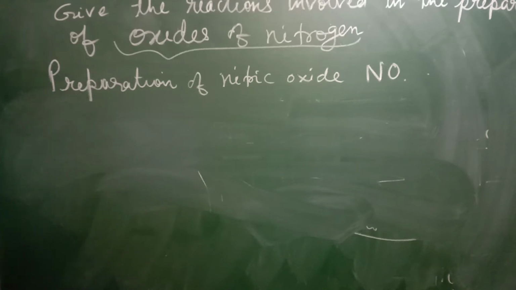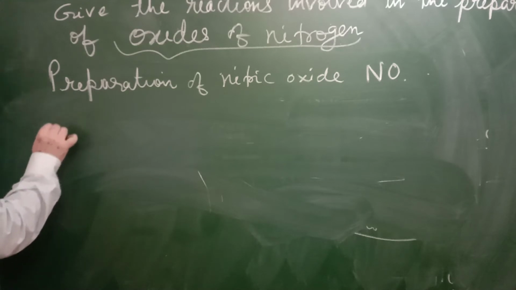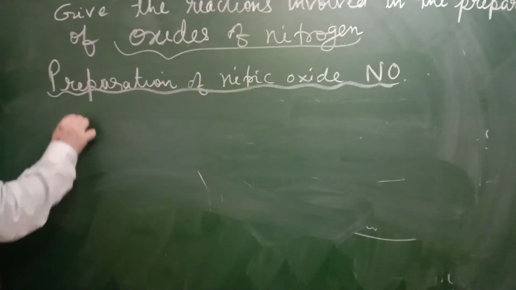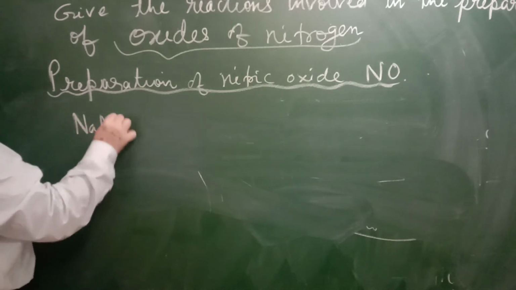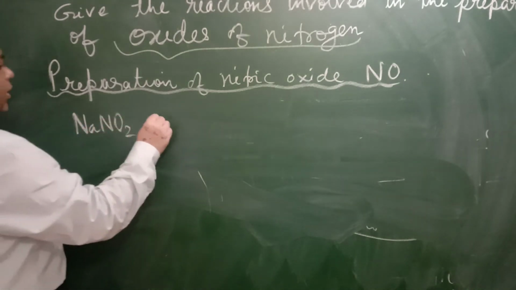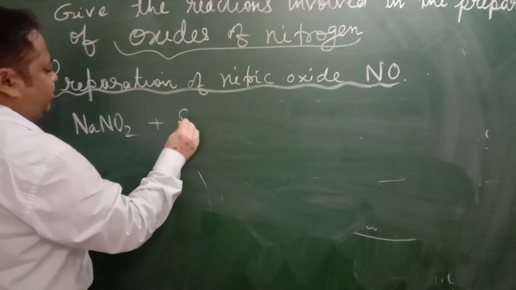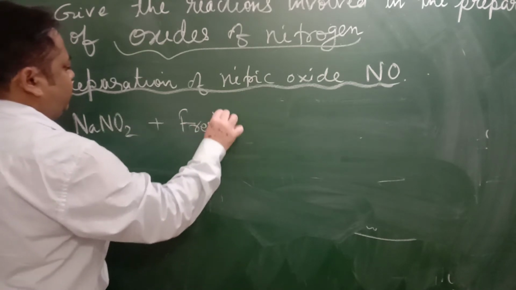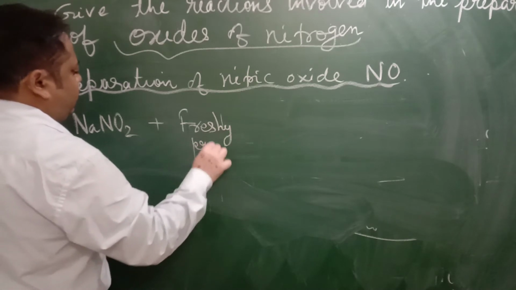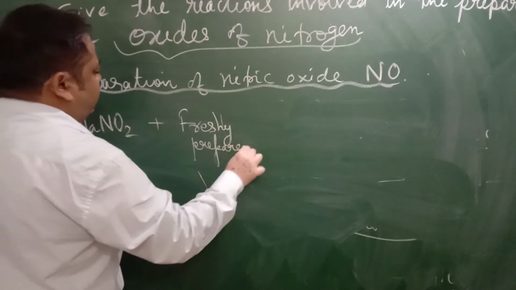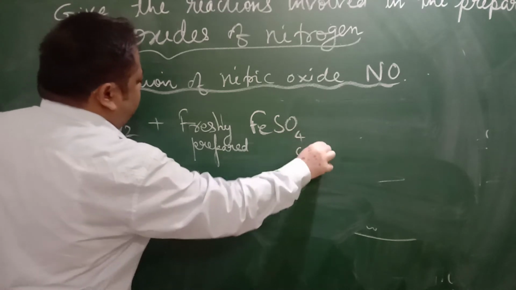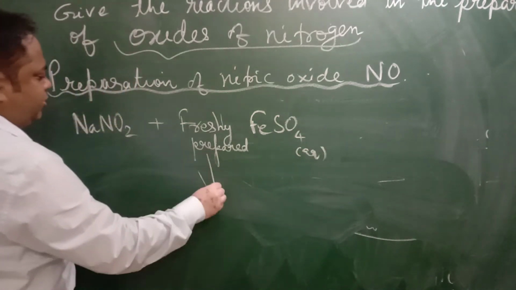We take any salt of nitrite, like we can take NaNO2. We will give freshly prepared aqueous FeSO4.